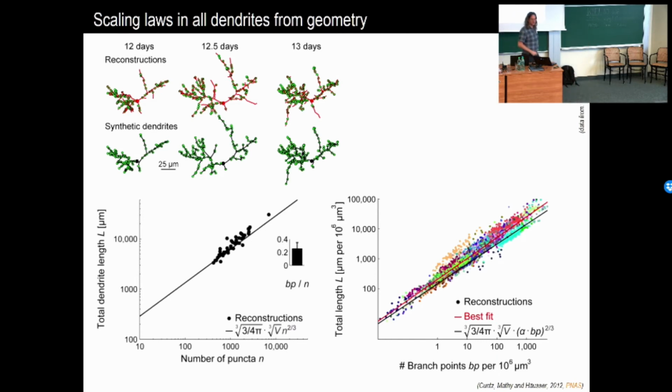So we actually use this scaling relationship as a signature in the morphology to say whether these dendrites are or are not optimally wired, and indeed in these real cases they almost always follow this scaling relationship.